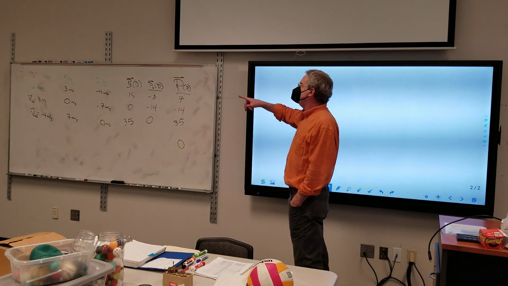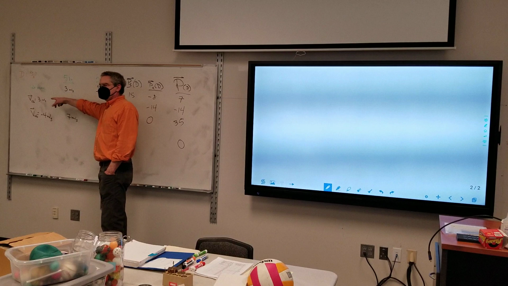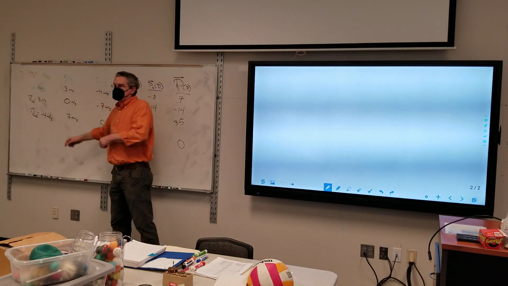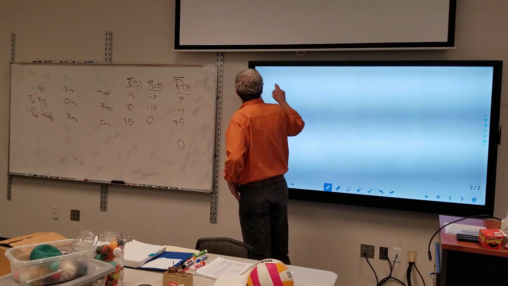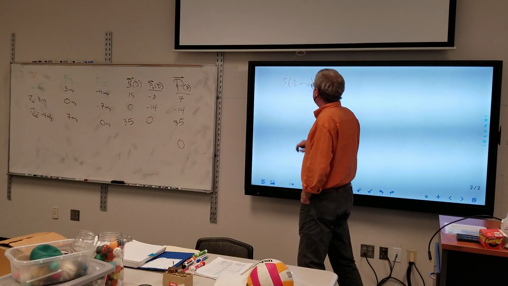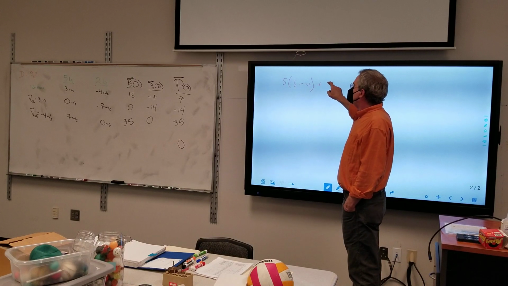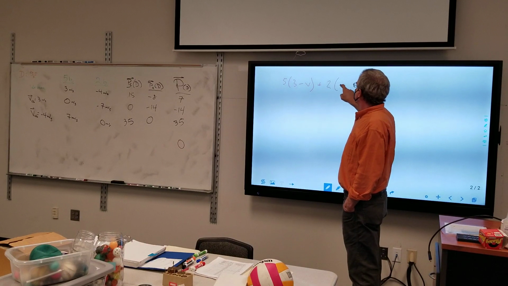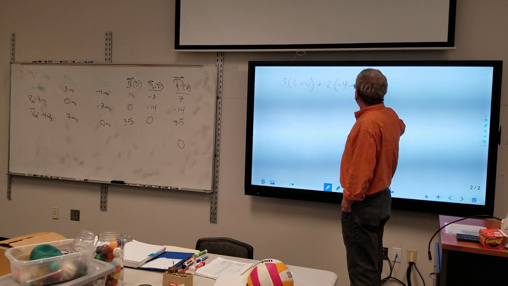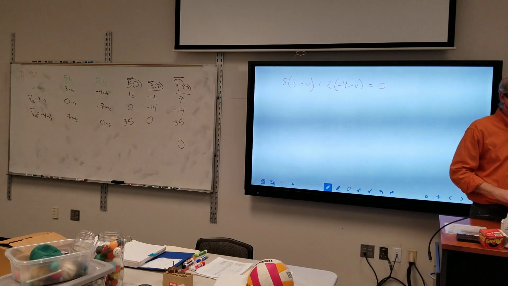So all I did to figure out how fast the observer needs to go is I subtracted the velocity of the observer from the initial velocity. So I have 5 times (3 minus v), where v is the velocity of the observer, plus 2 times (negative 4 minus v) is equal to 0. I want to have 0 momentum, and I need to figure out what that reference frame is.